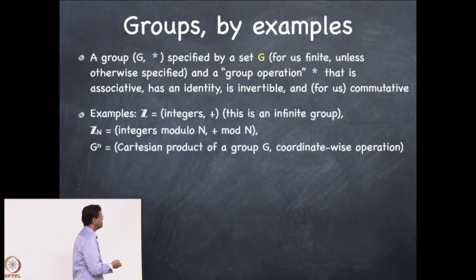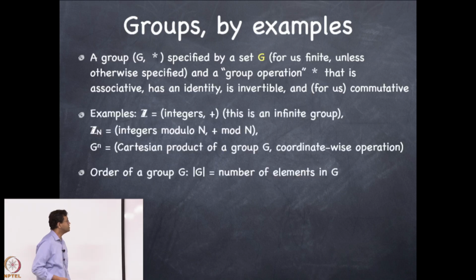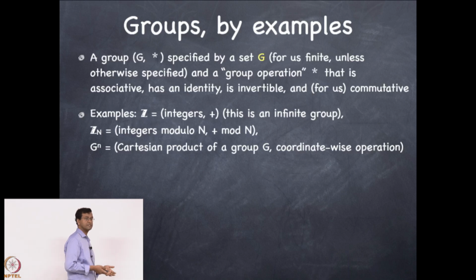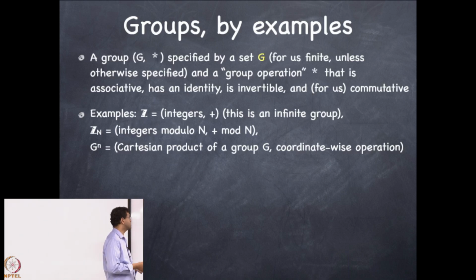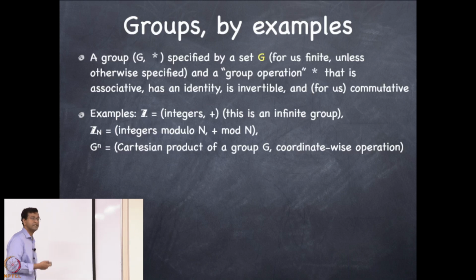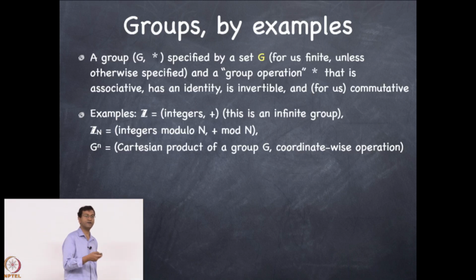This G. So let me give you a few examples. My first example is the group of all integers. So that's an infinite group, and the operation is plus. Everything has an inverse. A little more useful thing for us is finite groups, groups which are not infinite.